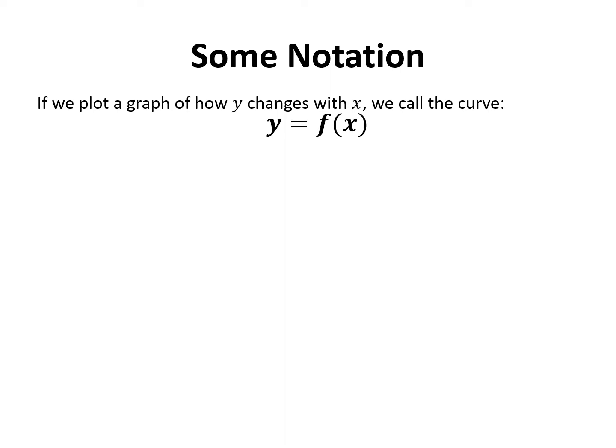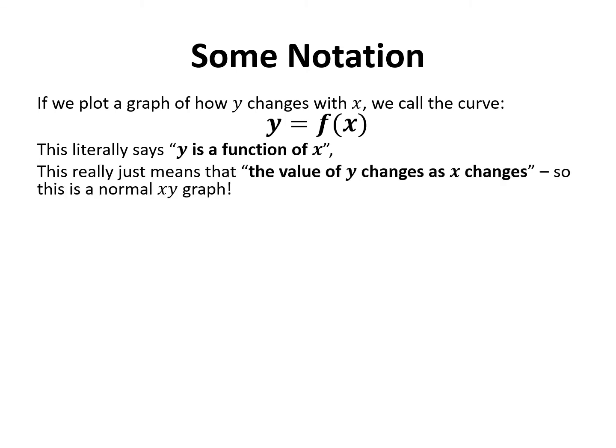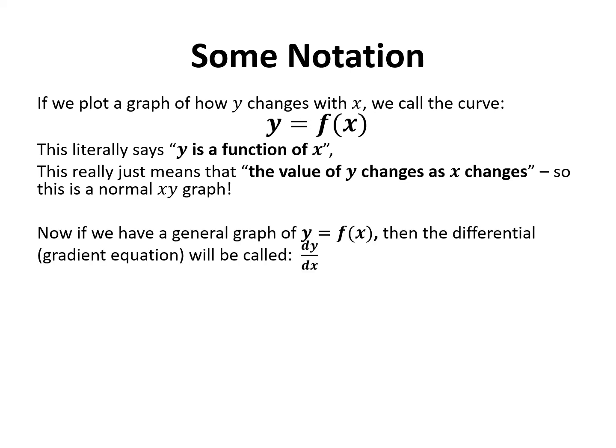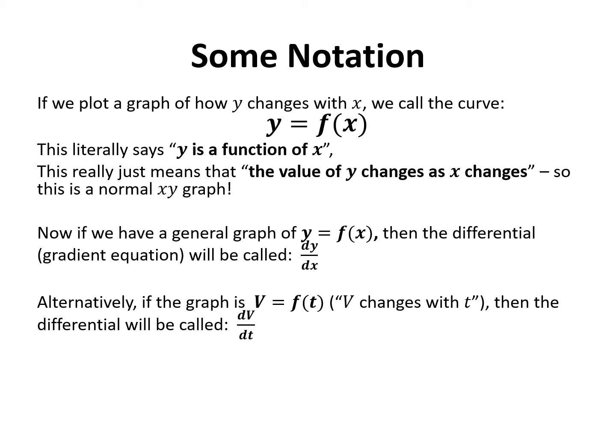Okay, a little bit more notation you need to know. When you have a graph of a curve, it's usually called y equals something with x in it. So y is a function of x, we say. Sometimes it's written like that, y equals f(x). That means y changes as x changes. It's just a normal xy graph. But sometimes you will find that the graph is not y and x. It might be something else. It might be v and t.